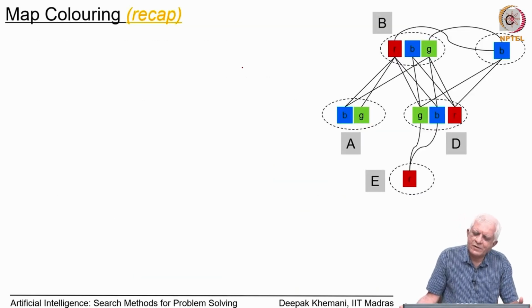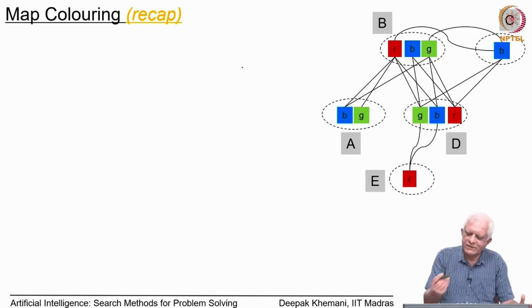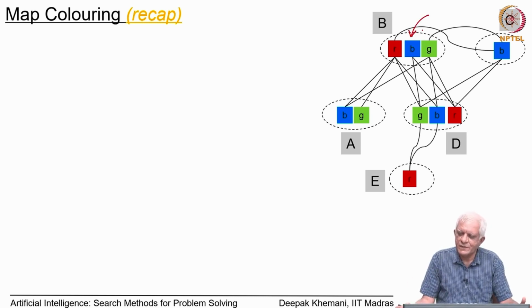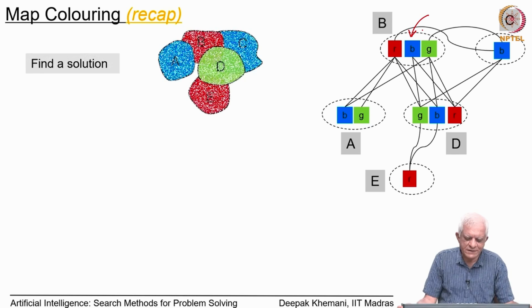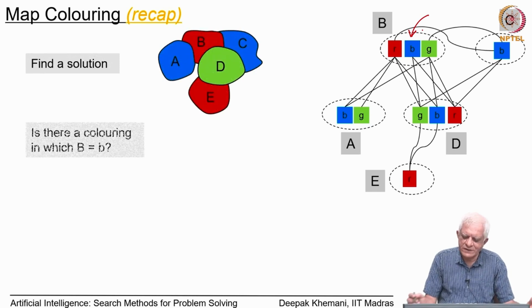Look at this map problem that we had seen earlier. We had asked various questions that give us a solution or, for example, a solution where region B has a value blue, and the system had come back and said no, and so on and so forth. So, this is what we had done earlier. You ask for a solution, you get a solution.